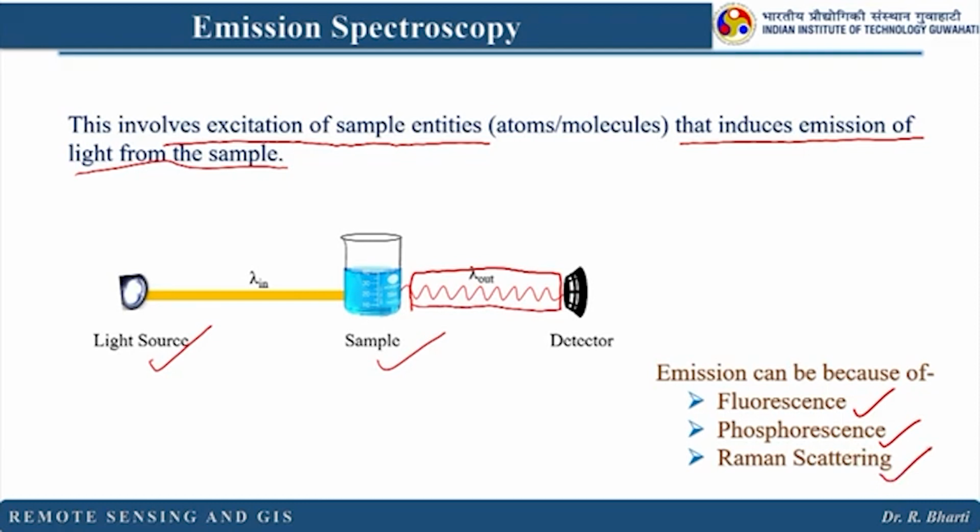This is again for lab-based instruments, but they don't qualify the definition of remote sensing, because the sample and the sensor are close to each other, and sometimes very close. So they are not grouped into remote sensing. They belong to other categories like analytical chemistry or analytical spectroscopy techniques.